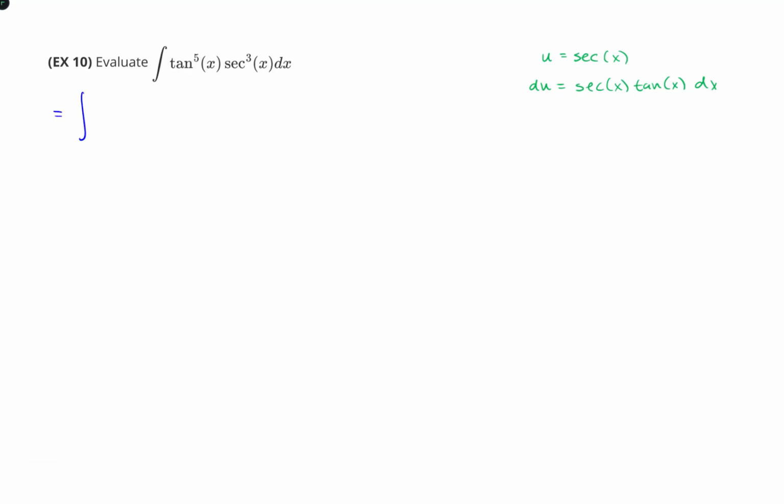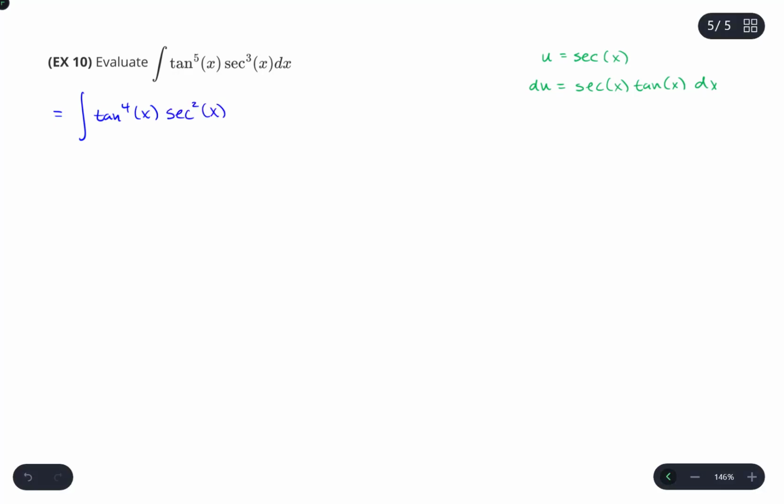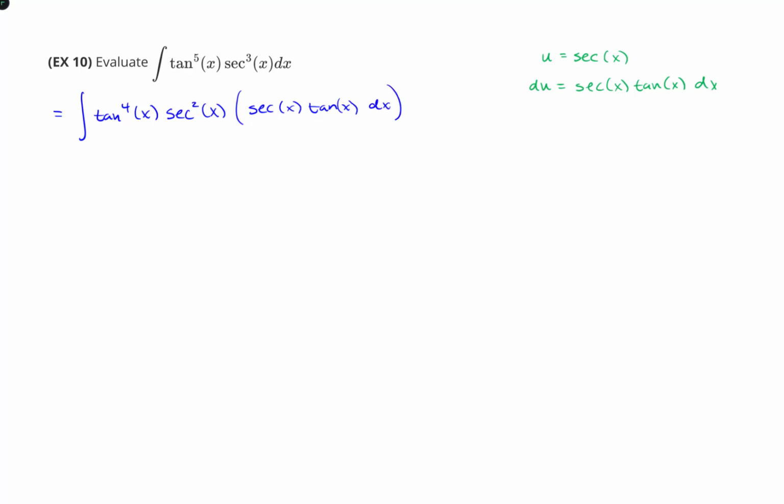So I'm going to take one of the factors of tangent, so this will be tangent to the fourth of x, one of the factors of secant, so that would be secant squared x, leaving me with secant x tangent x dx. All right, now I'm substituting with secant, so I have to write all my factors of tangent in terms of secant. So I'm sort of in the position from the previous problem, if I had gone the wrong direction in the previous problem, that is.